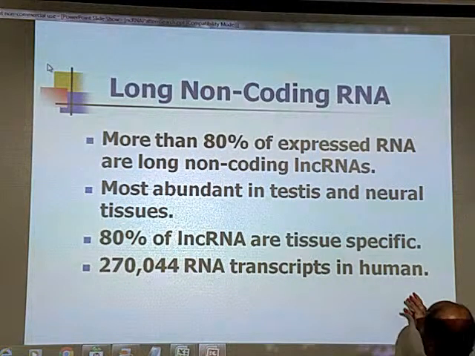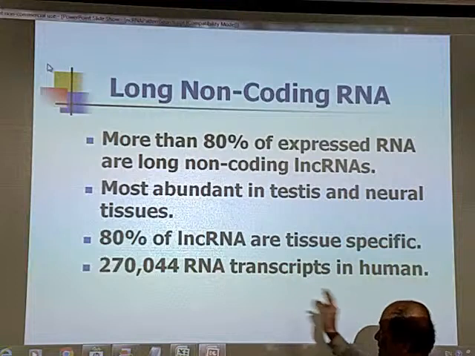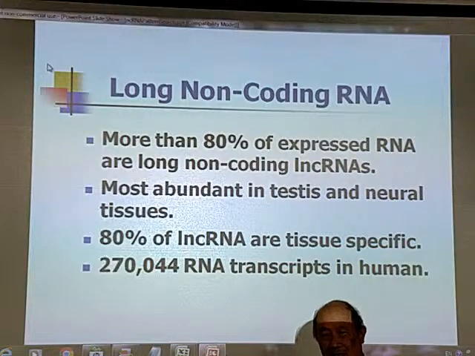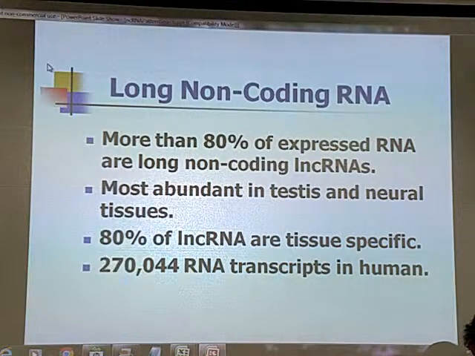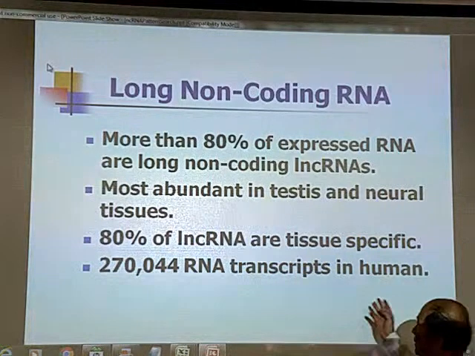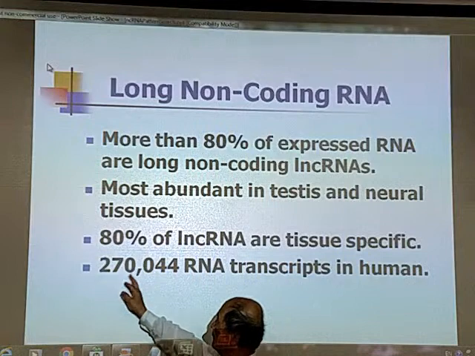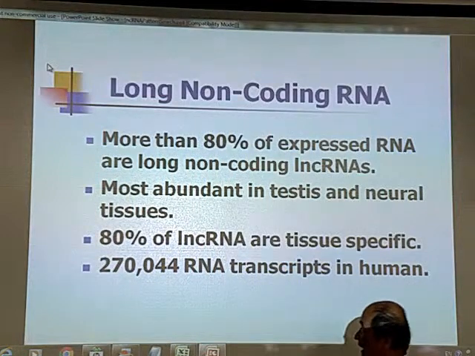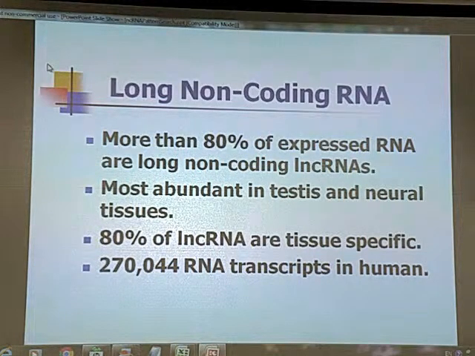For the human genome, they have spent lots of time analyzing the DNA and associating the RNA information. And in one of the collections, they have identified 270 thousand different RNA transcriptions.